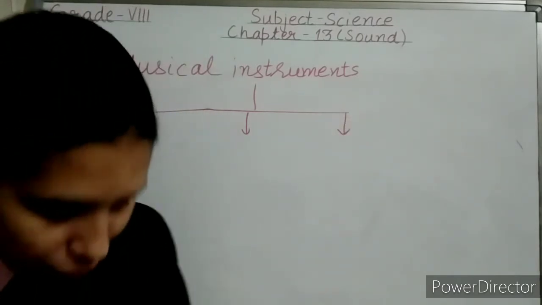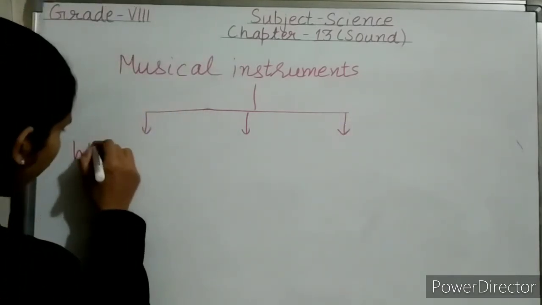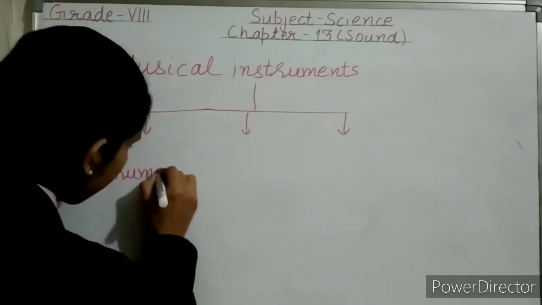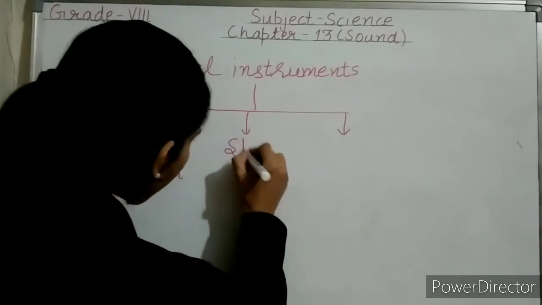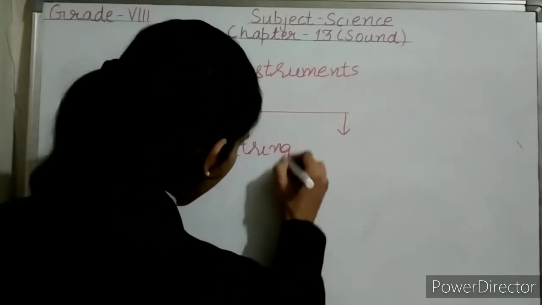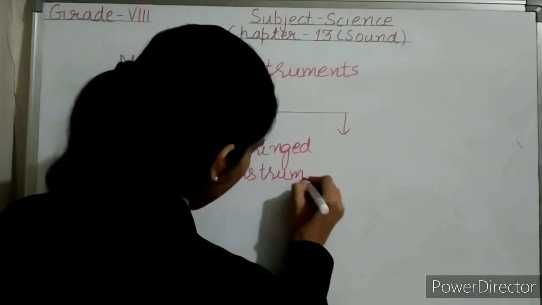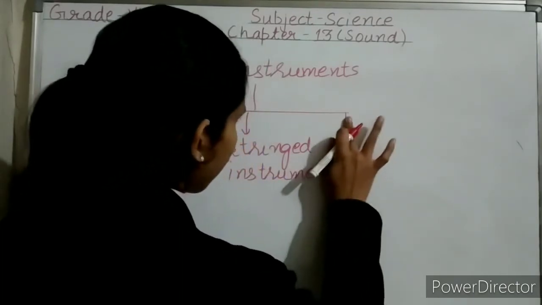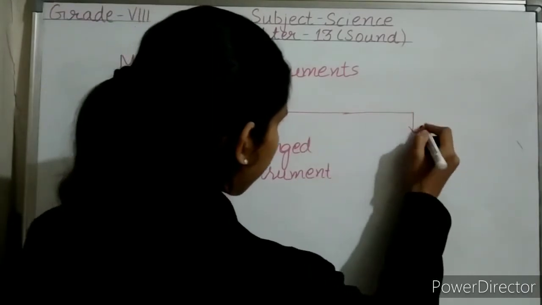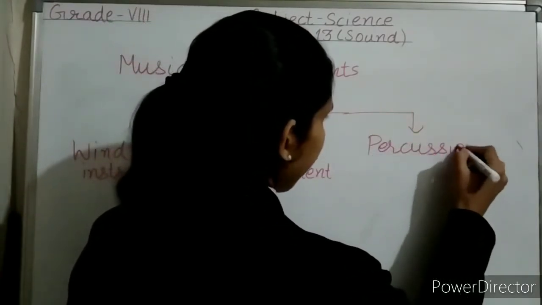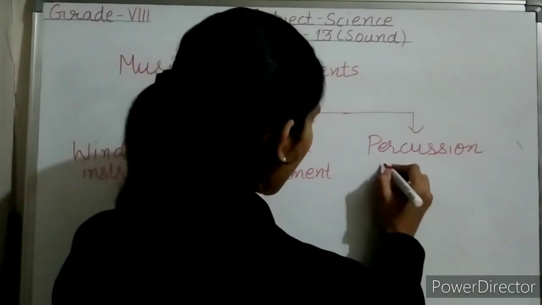The first type is the wind instrument. Second is the stringed instrument. And the third one is percussion instruments, or we can say membrane instruments.